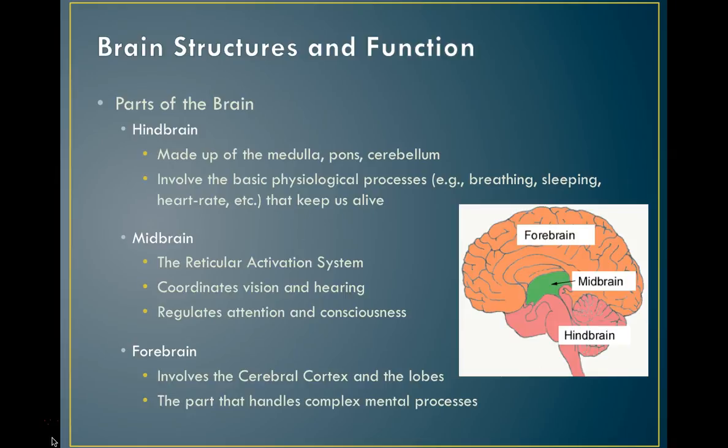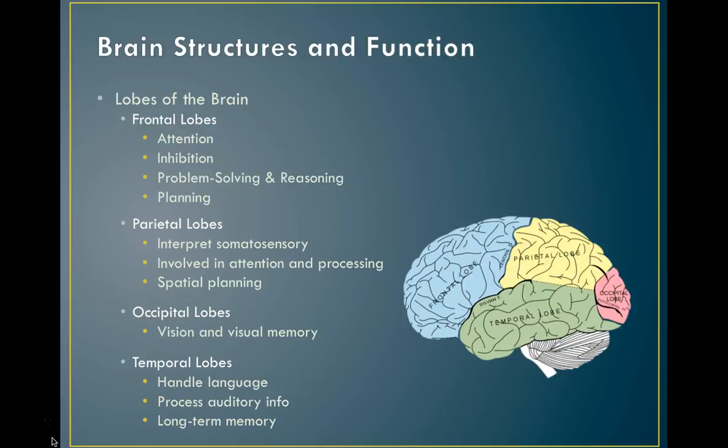Now, the part of the brain that we're going to focus on the most in this lecture is the forebrain. This is where all of the lobes are stored, as well as the cerebral cortex. This is really the part of the brain that's handling all of our complex mental processes, including things like learning. We can break up this forebrain into 4 separate lobes.